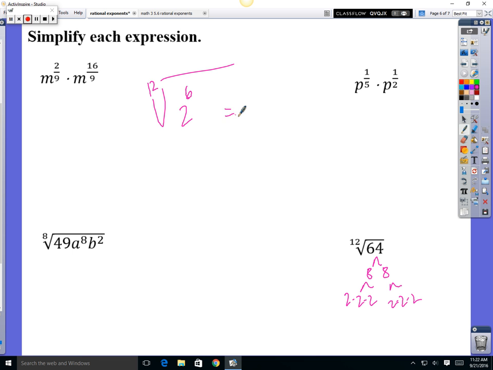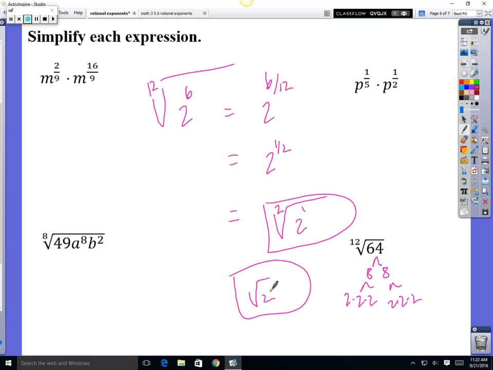If you morph it, it's going to be 2 to the 6 twelfths. If you simplify it, it's 2 to the 1 half. If you morph it, it is the square root of 2. And we never really write the 1 or the index of 2. Okay, last one.